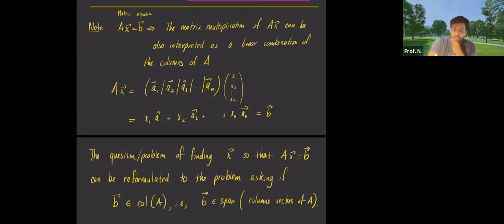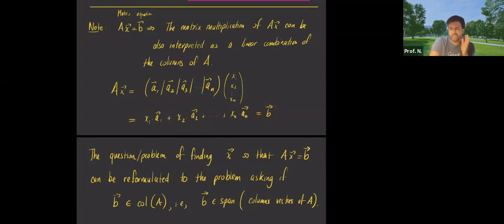It's also, what are the coefficients for these vectors of your matrix A that, when you apply them in this linear combination format, equal exactly what B is.